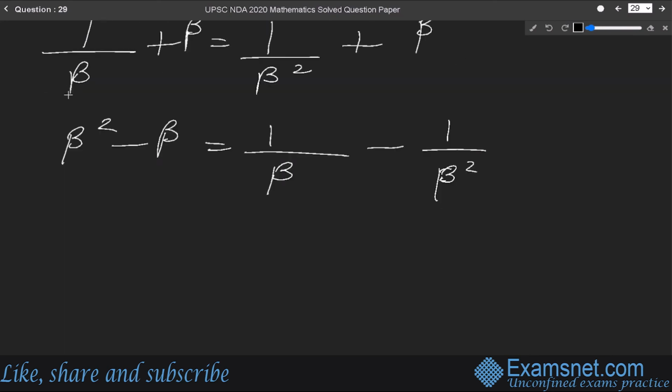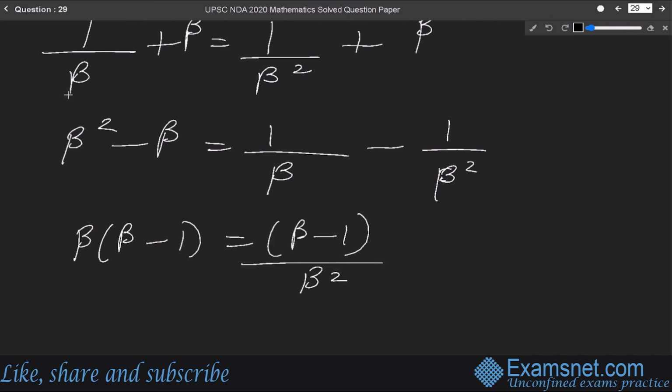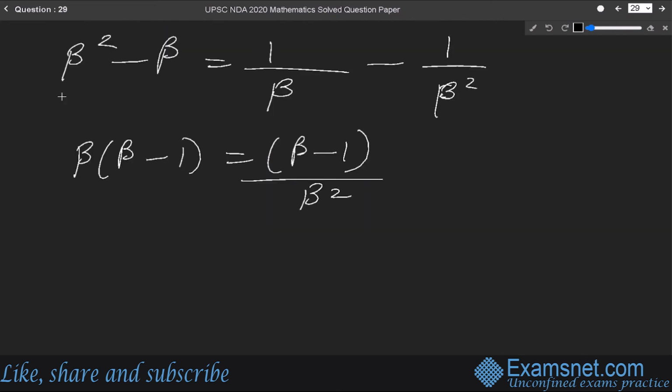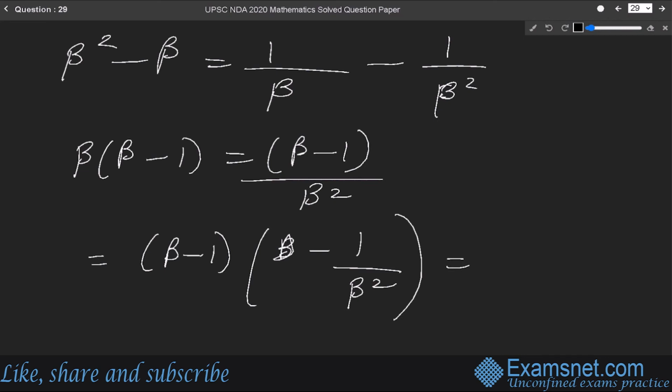Further solving it, it will be beta into (beta minus 1) is equal to (beta minus 1) upon beta square.